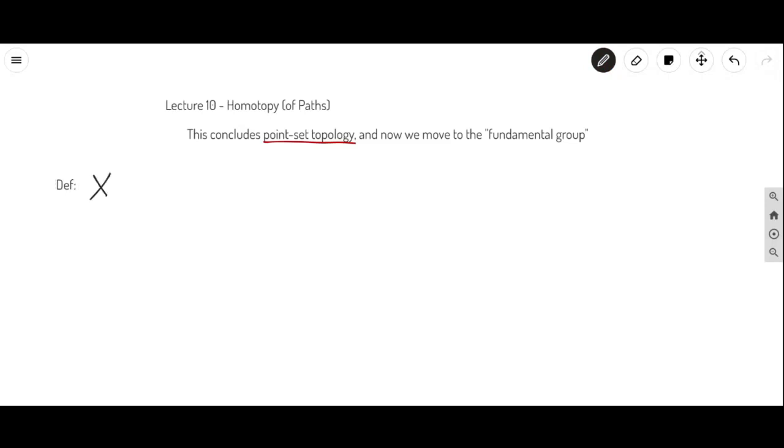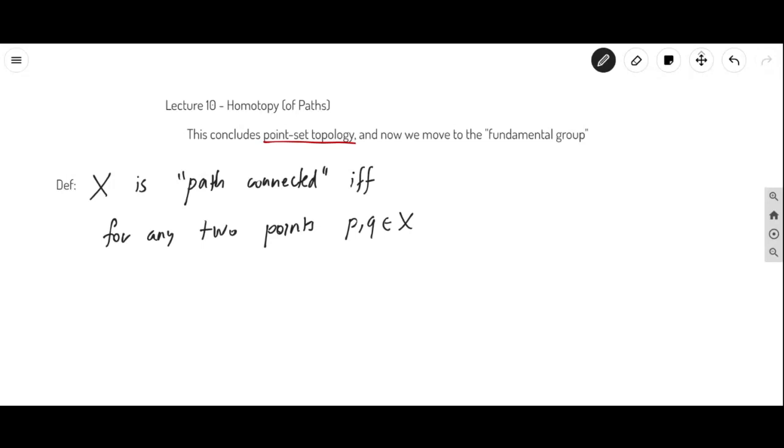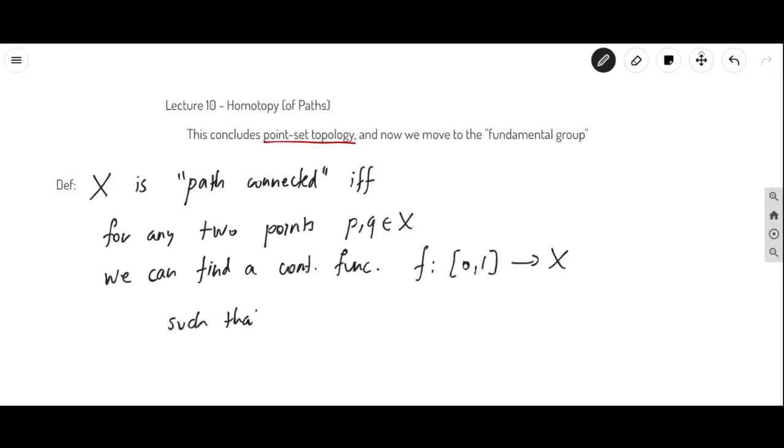You say that X is path-connected if and only if, for any 2 points P and Q in X, we can find a continuous function f from [0, 1] into X, such that f of 0 is P and f of 1 is Q. That's what we call path connected.